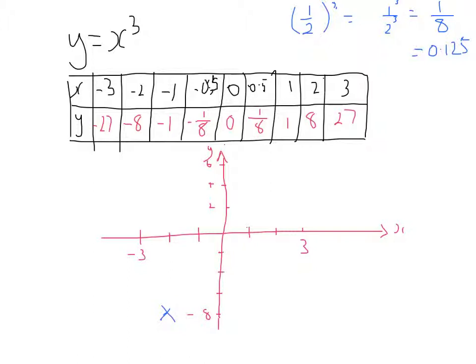Okay, -1 is at -1, so that's going to be a point right in there. -0.5 is -1/8, so on this scale it's going to be just below the horizontal axis. At 0 is 0, and then at +0.5 it's right in there. At 1 it's going to be 1, 2 it's going to be +8, way up there, and then 3 again goes off the scale.